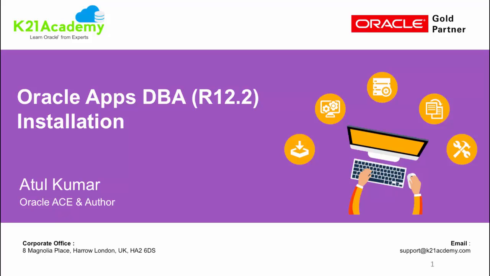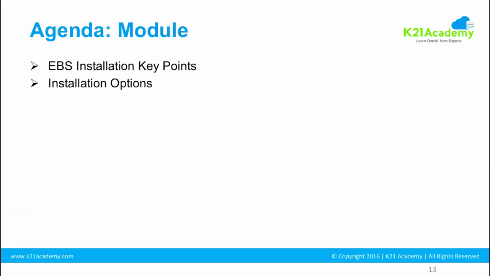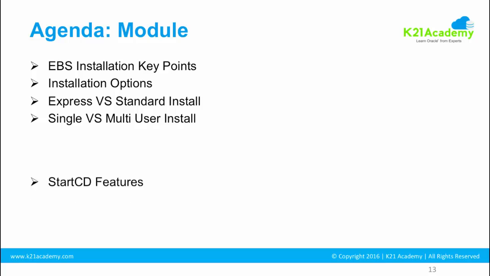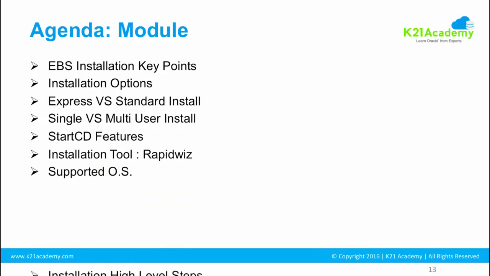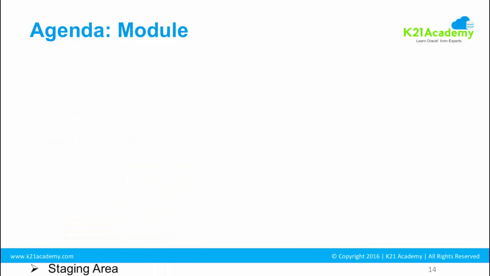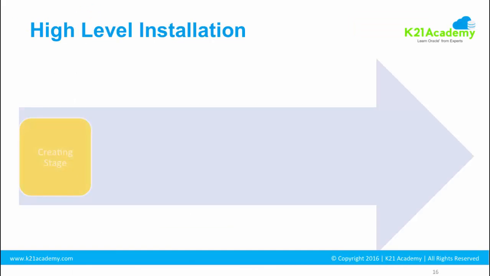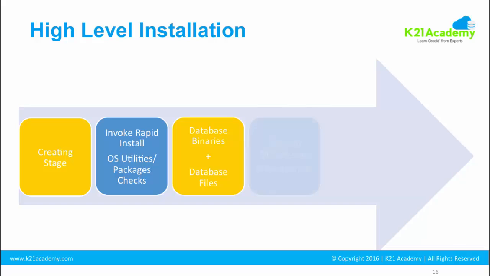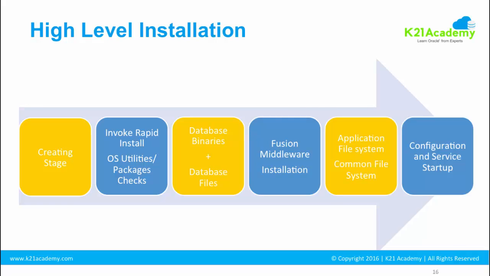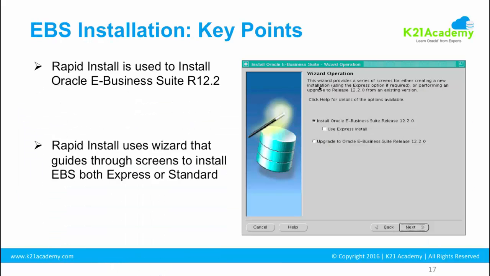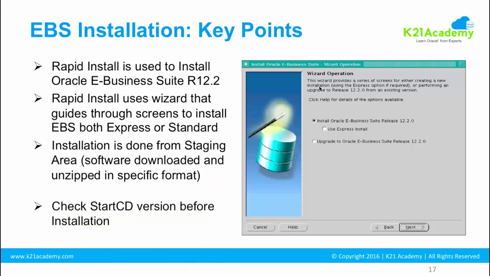But before that, let me do a quick recap of what we have covered so far in this module. We started the module where I explained what topics and lessons we are going to cover. Then we looked at the overview of high-level installation of Oracle E-Business Suite R12.2, and then the key points related to the installation.